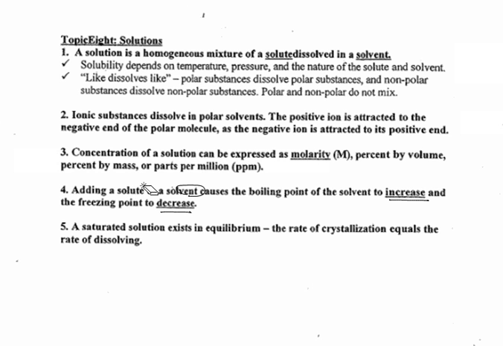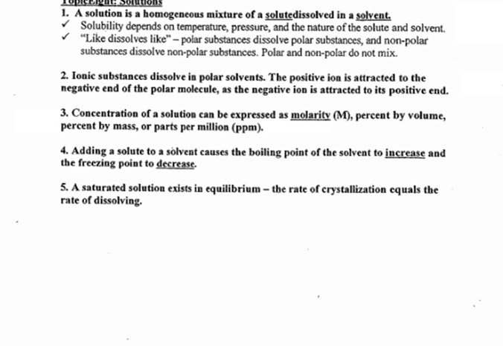So if you add salt to water, water will boil higher than 100 degrees and freeze lower than 0 degrees. A saturated solution is in equilibrium, so the rate of crystallization equals the rate of dissolving.